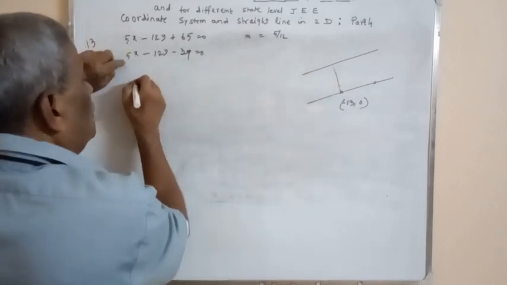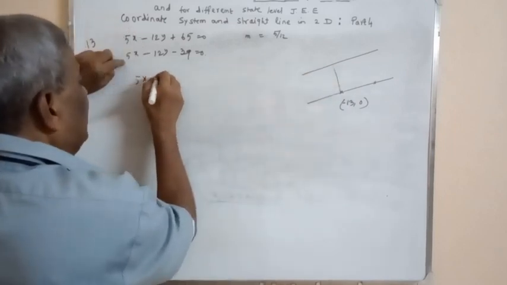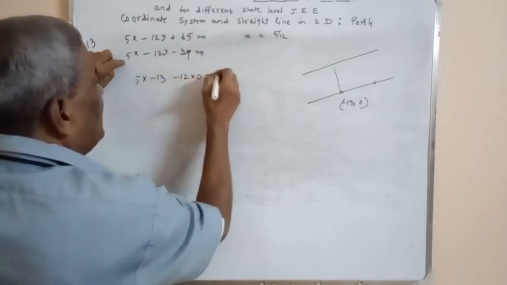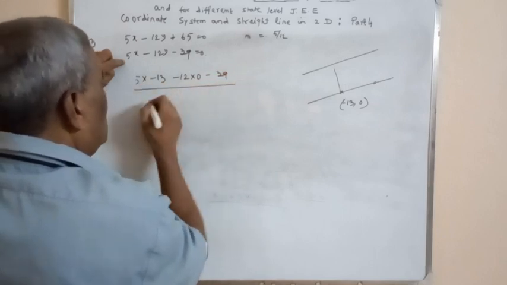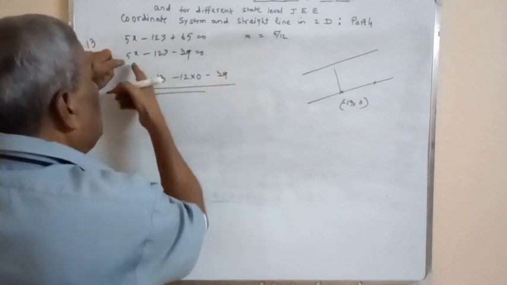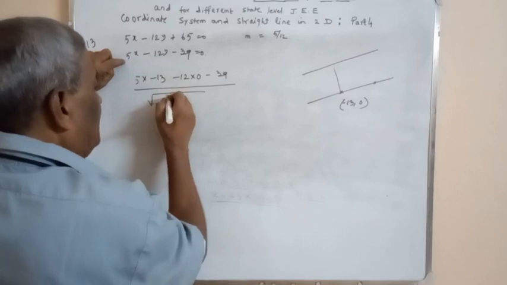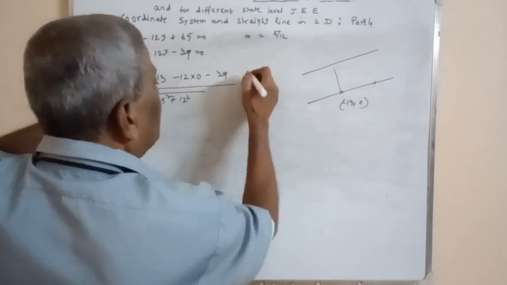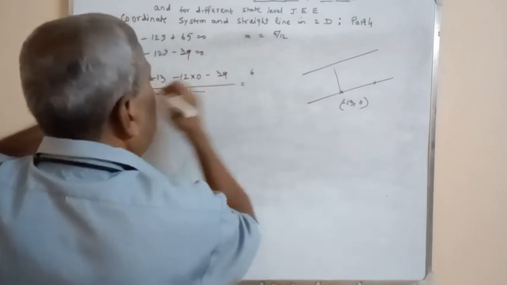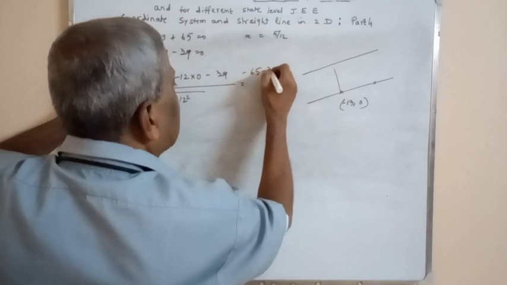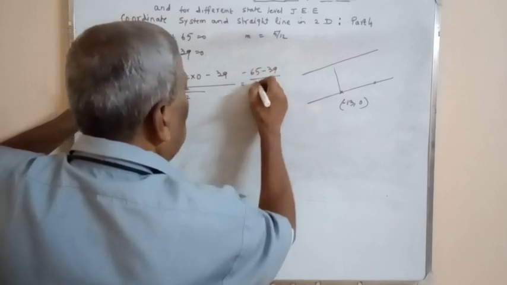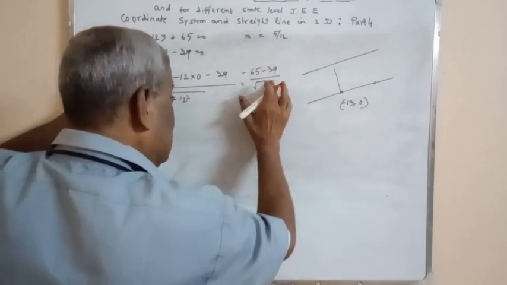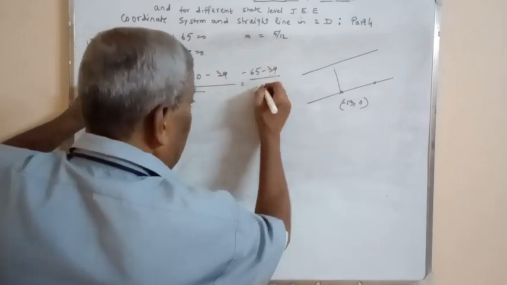So it is equal to 5 into minus 13 minus 12 into 0 minus 39 by root over of 5 square plus 12 square, is equal to minus 65 minus 39 by root over of 5 square plus 12 square, which is nothing but 169, is equal to minus 104 by 13.